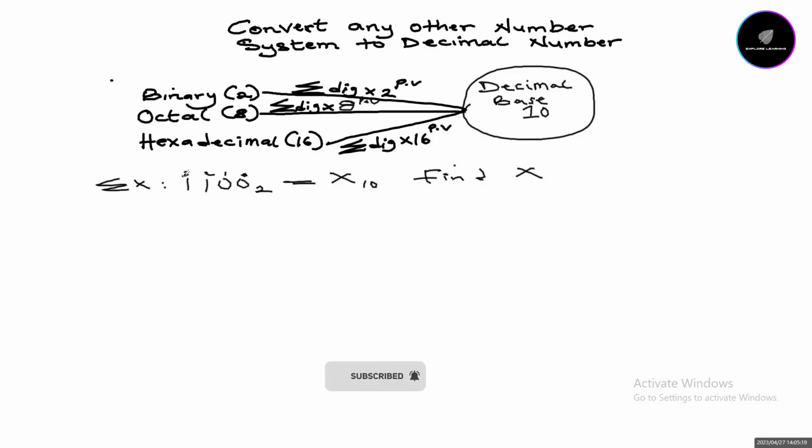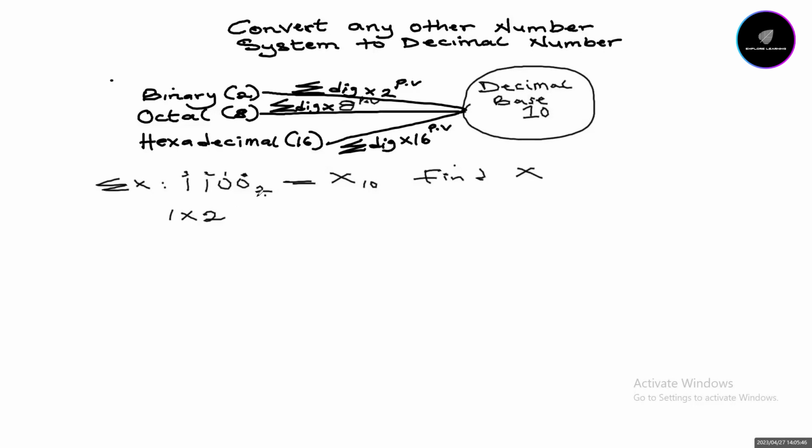Once we have assigned that, the next thing we need to do is multiply the digits by the radix raised to the power of the place value. The first digit is 1, so we say 1 multiplied by the radix. The radix is nothing but the base, which is 2.